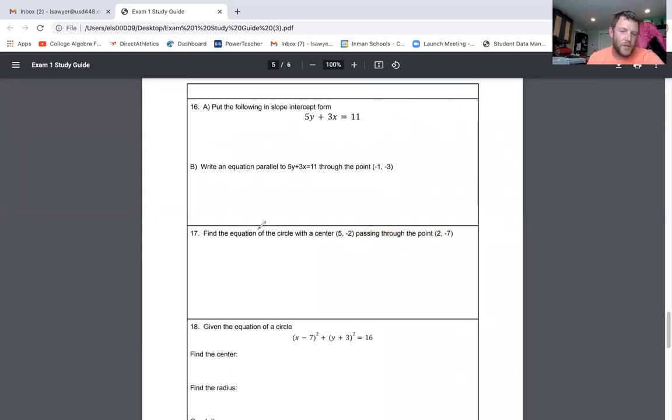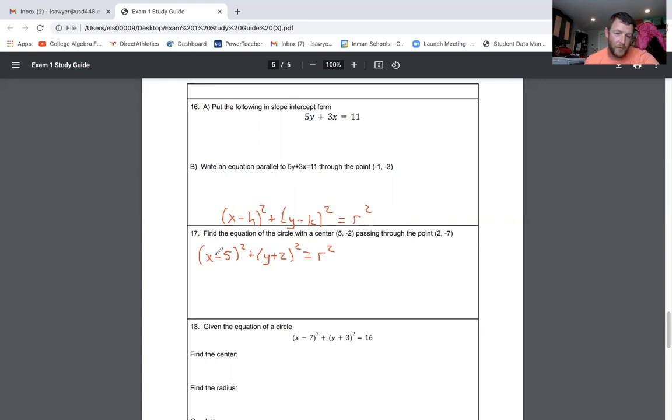Next one. Find the equation of a circle. Remember that is x minus h squared plus y minus k squared is equal to r squared, where h, k is your center. Remember, h, k is your center, and they will always give you what that center is. So go ahead and write that: x minus 5 squared plus y, notice that minus -2, that's going to be plus 2 squared is equal to r squared.